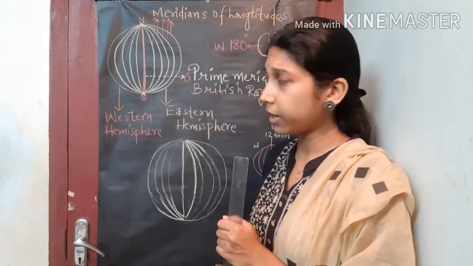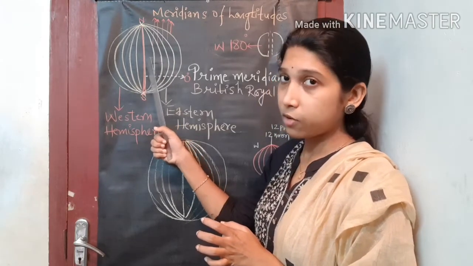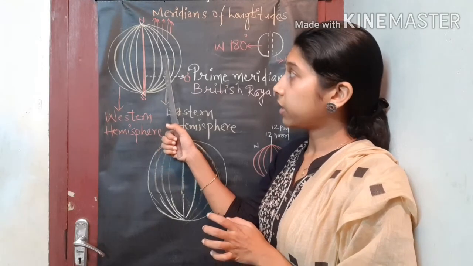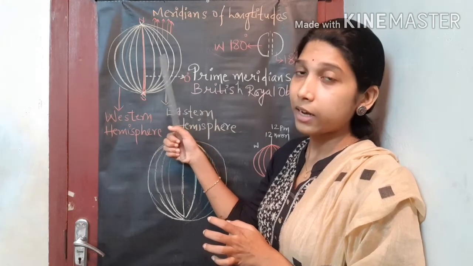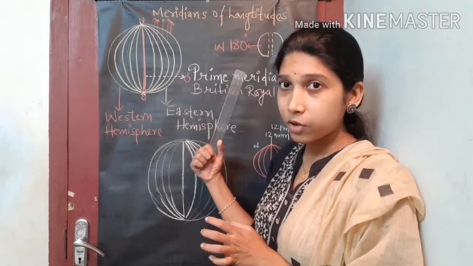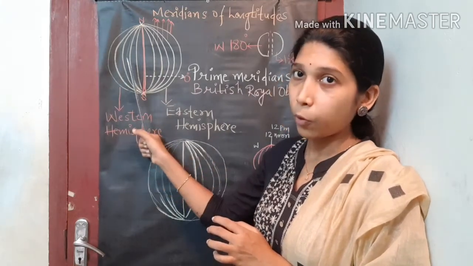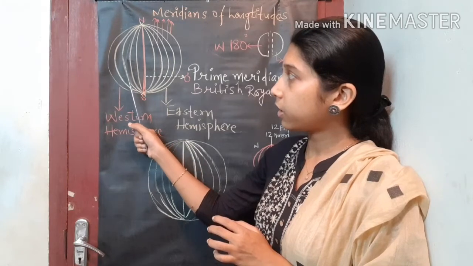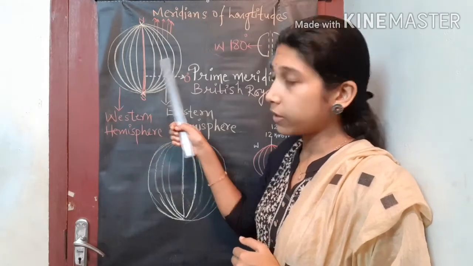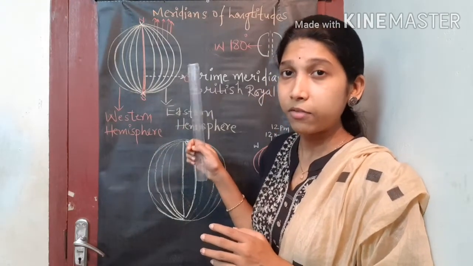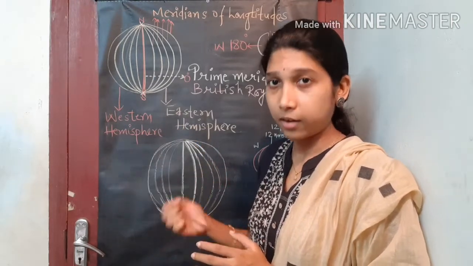The difference between each of these is 15 degrees: 15 degree, 30 degree, 45 degree, like that it will go, and at last it reaches 180 degree. The same way on both sides it will spread. And each of these 15 degrees can be divided into time, into minutes and into seconds also.